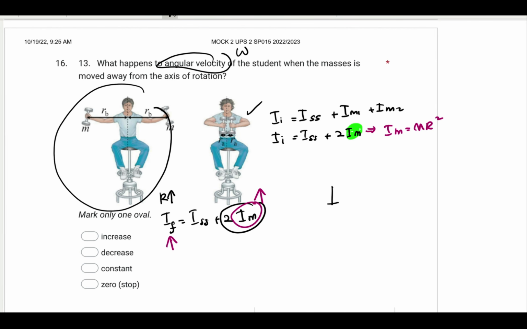So, remember when the moment of inertia is increasing, meaning when he stretches out his arms, the masses are moved away from the axis of rotation. I is increasing. So, omega, he will rotate slower. If the arms are close to the chest, near the axis of rotation, his moment of inertia is smaller and it is easier to rotate, and then the angular velocity will be bigger.